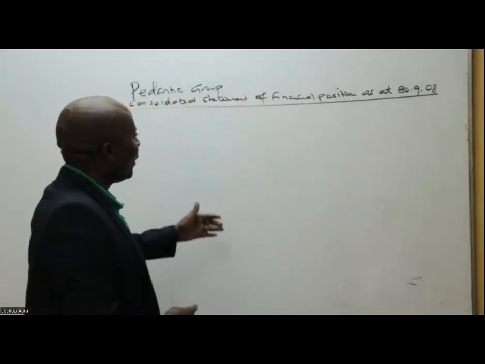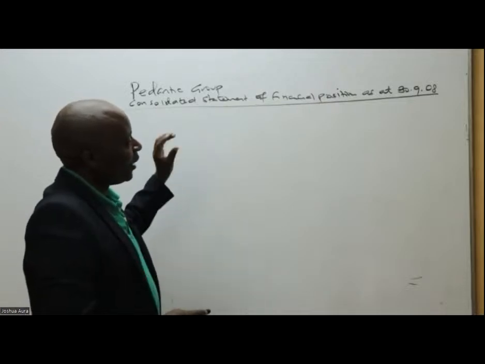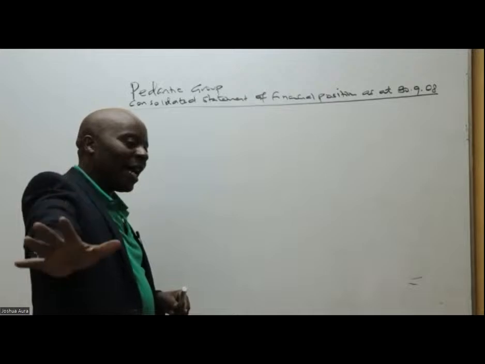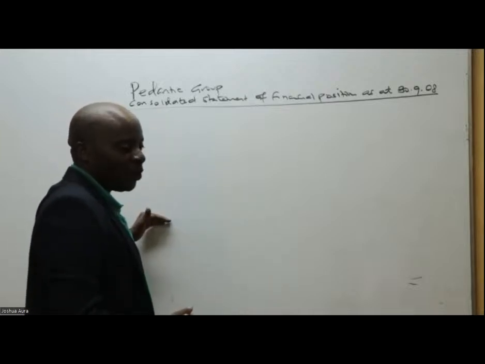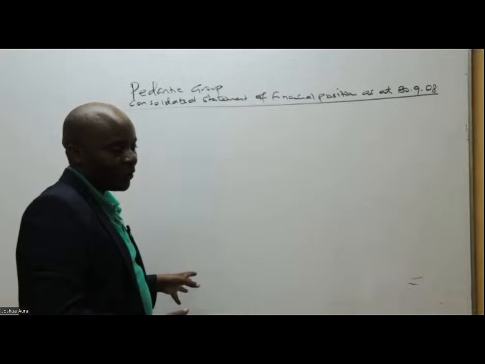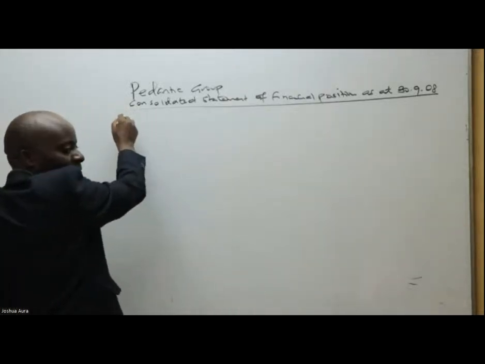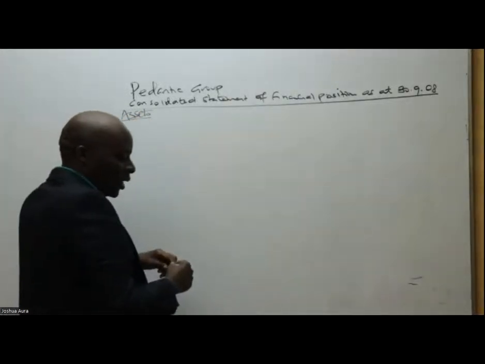Remember how we structure our statement of financial position: assets, and how those assets have been financed, equity and liabilities. So we start with assets.